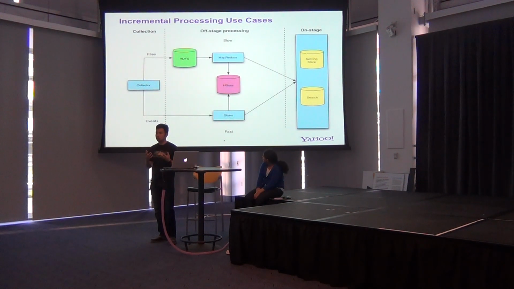Another interesting use case is this incremental computation use case, and the general idea here, which I think Andrew will be talking about more, is that you have two paths, a fast path and a slow path. The fast path will essentially process events as streaming, and do quick, maybe rough calculations based on, for example, user profile, and then store that data in HBase as well as write it into a serving store.